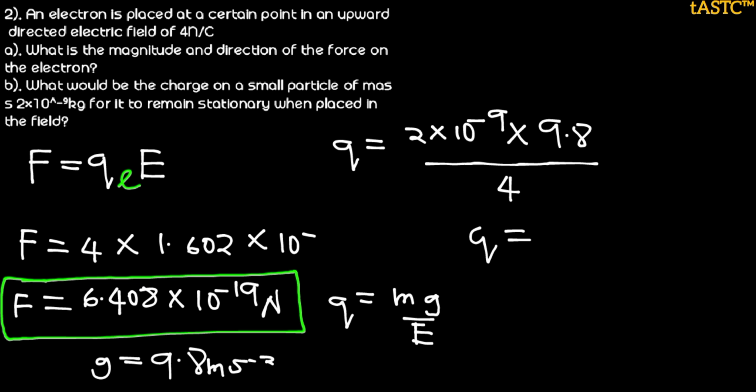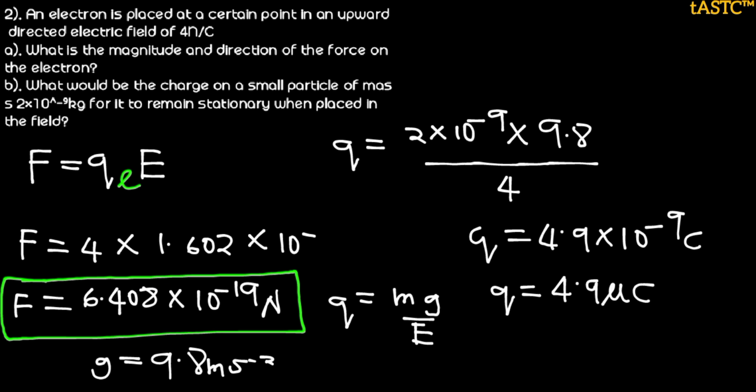So this gives us 4.9 multiplied by 10 to the negative 9 coulomb. Now this could also be rewritten as 4.9 microcoulomb. So you just need to hold these at the back.